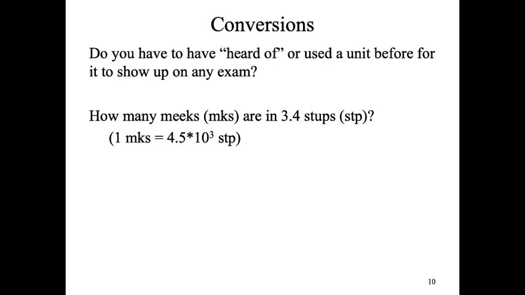What do we want? We want Meeks. Okay. What am I given? So I'm hearing, oh, we're given 3.4 Stoops. Where should I place 3.4 Stoops? Meeks, Stoops. Those aren't the same thing, right?